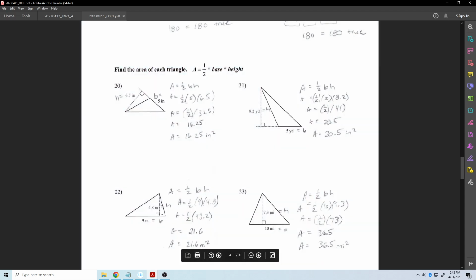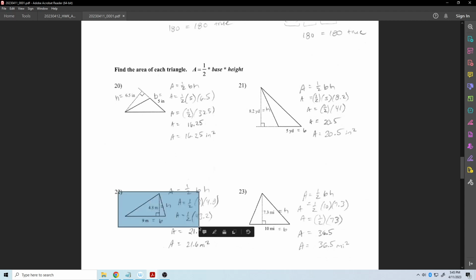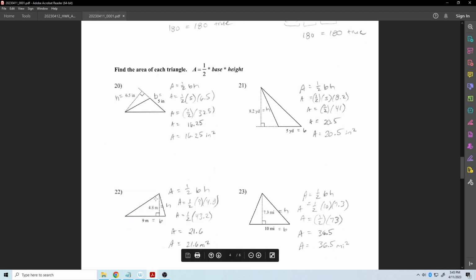It's a perpendicular line that goes from one corner and hits the base. As you see here, that has been done, and it's saying that it was 4.8 meters.